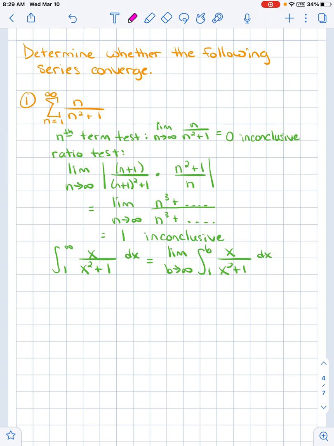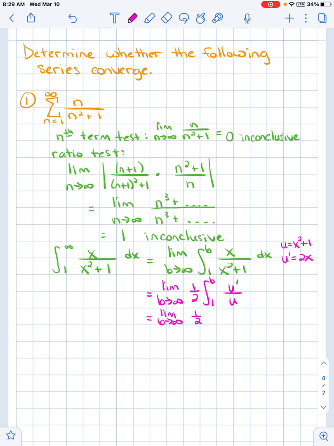Okay, I hope you tried. This is in the form, I think, of u prime over u. If I let u equal x squared plus 1, u prime is 2x, so I'll write a 1/2 out in front. This is u prime then, and that's u.